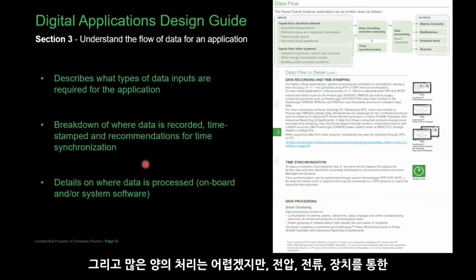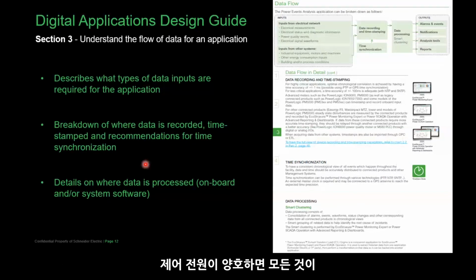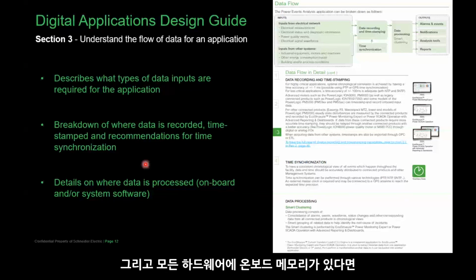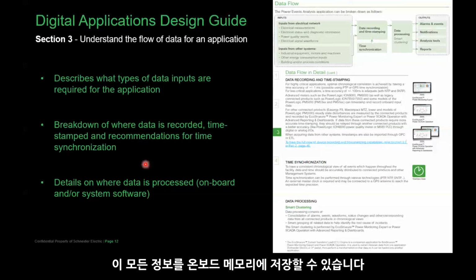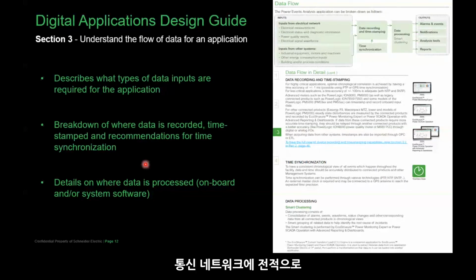But as long as the voltage, the current and the control power to the devices are good, everything is done at the hardware level. And if those devices have onboard memory, you can store this information inside the onboard memory, so you don't rely so much on the communication network.